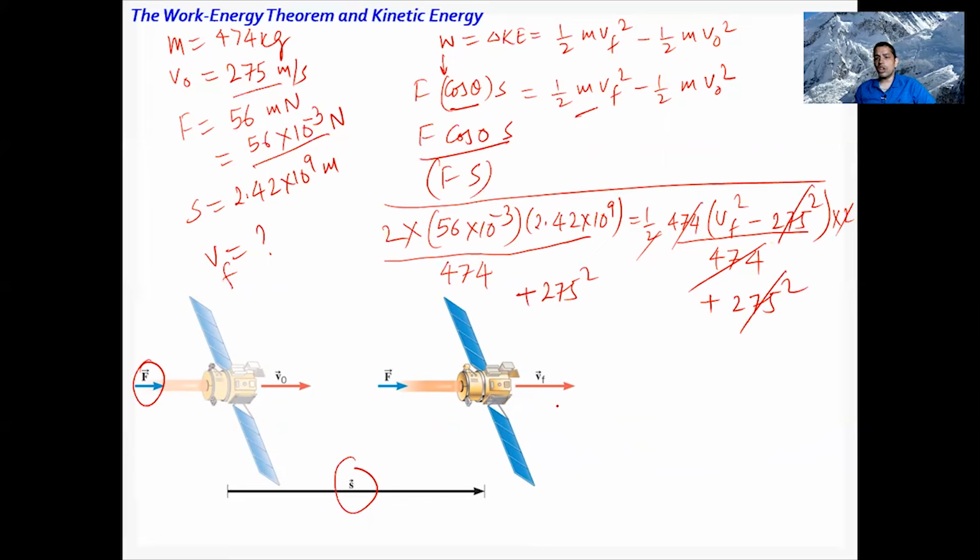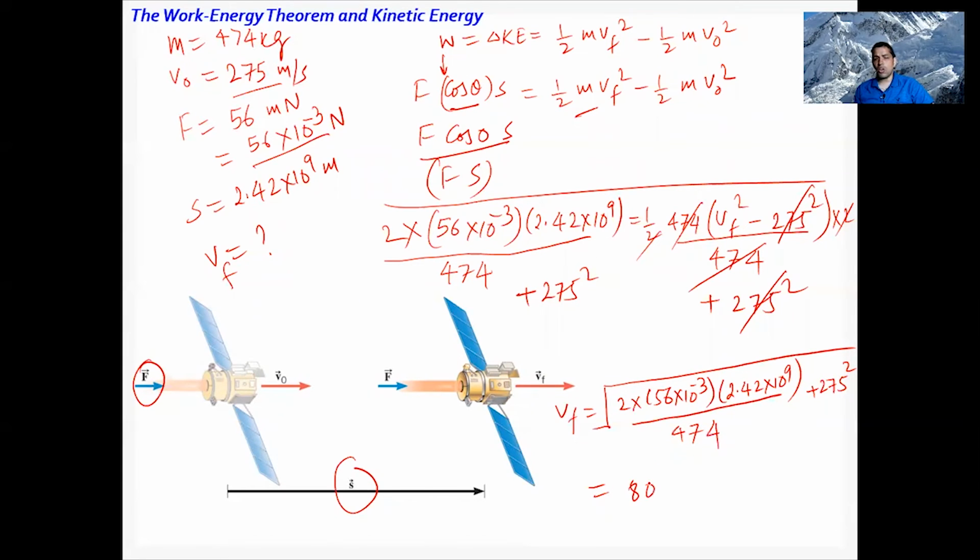Then your VF squared is, VF is the square root of 2 times 56 × 10^-3 times 2.42 × 10^9 divided by 474 plus 275 squared. Okay, if you do this calculation, you end up getting 805 meters per second. All right.